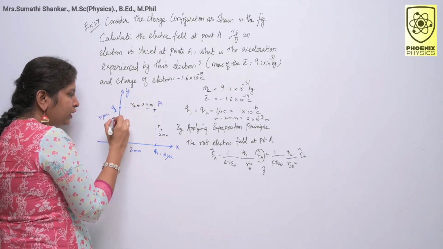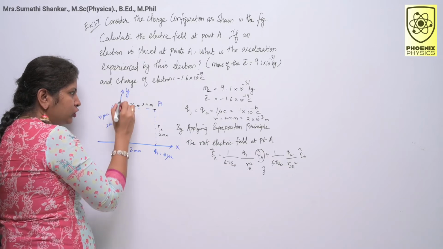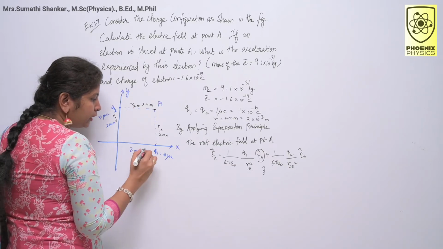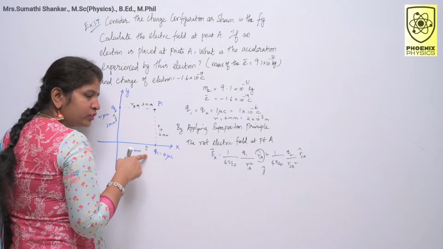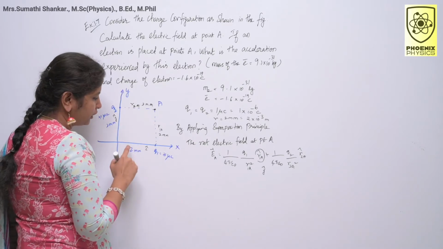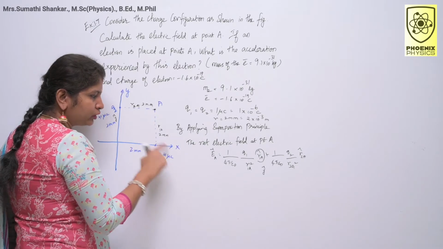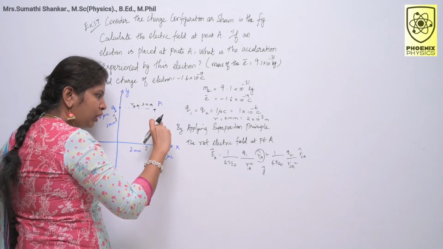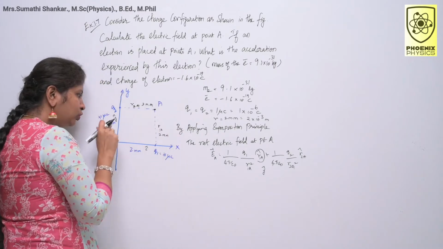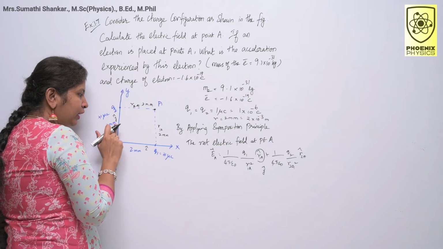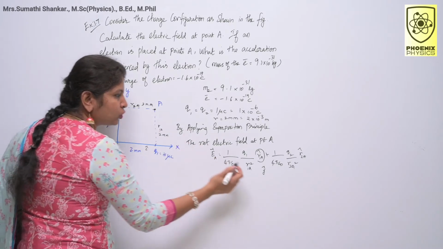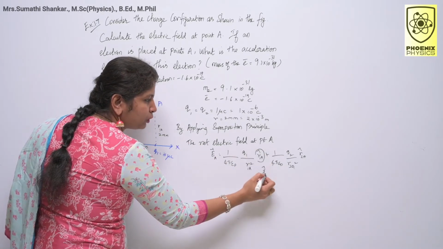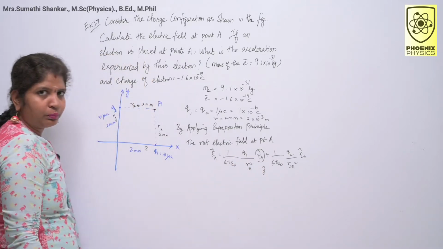So you know that the J vector acts on the Y axis and the I vector, what are these I and J? These are the unit vectors. So I cap acts on the X axis. This is my R1A, parallel to this line. Here I have unit vector J. So instead of R1A cap, you can write J cap.